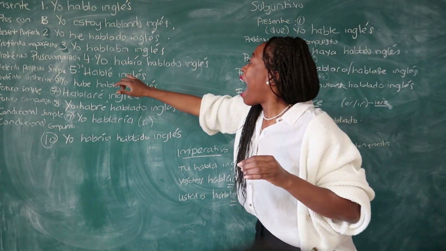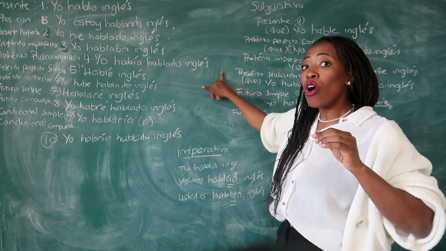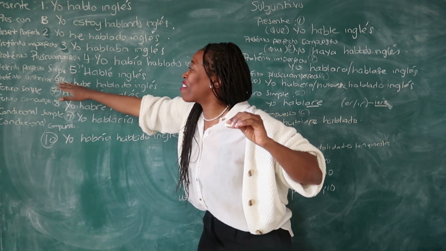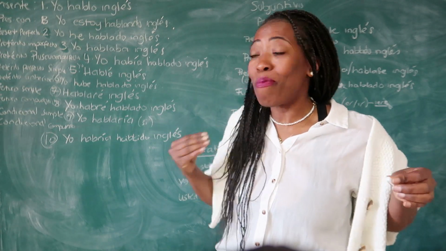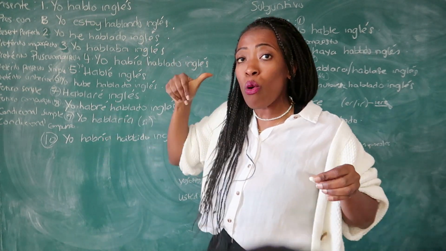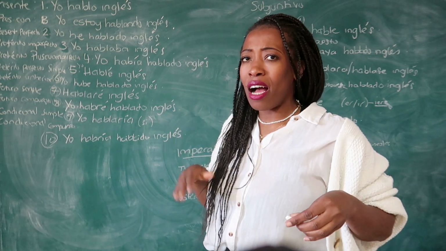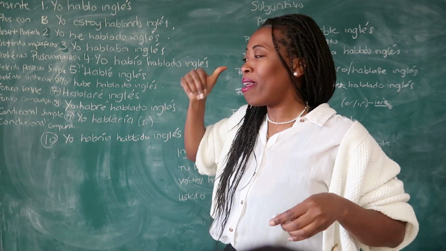I had spoken English. Yo había hablado inglés. El perfecto simple. That's for us the past simple. The past simple would be hablé inglés. I spoke English. So yesterday, ayer hablé inglés. Yesterday, I spoke English. Hablé.